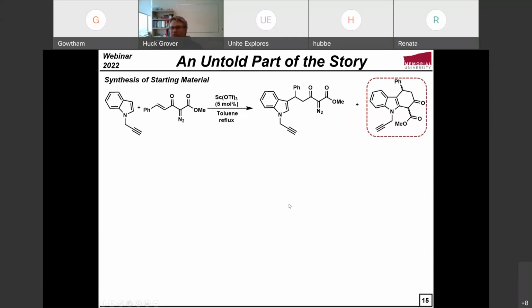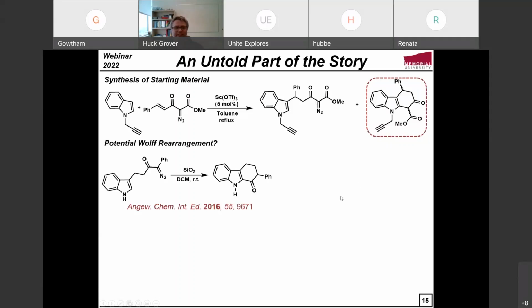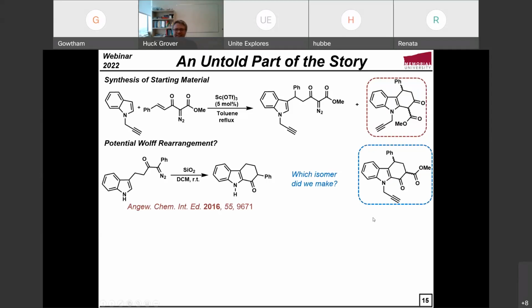However, we weren't really sure what product was formed, because as you could imagine, we could form a carbon-carbon bond between the carbenoid carbon and a C2 position, but we found out that Taylor and Unsworth in 2016 showed a very similar diazo-indole compound undergo a Wolff rearrangement, which gives you a little bit of a structural difference in the connectivity.